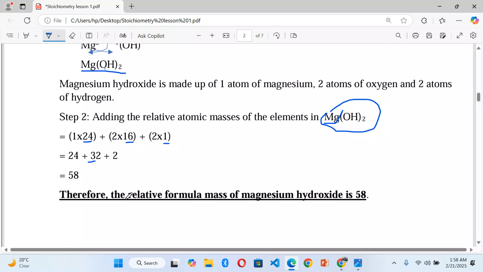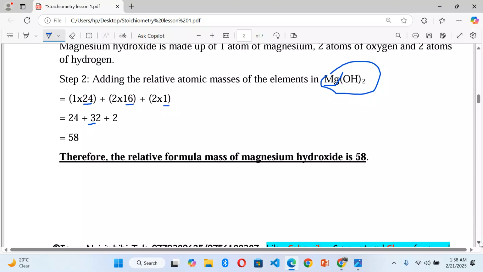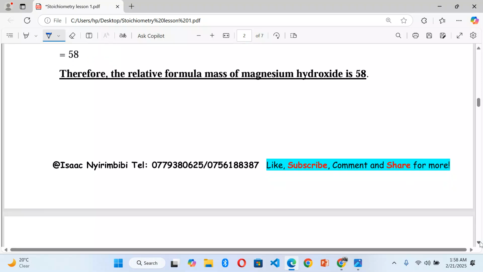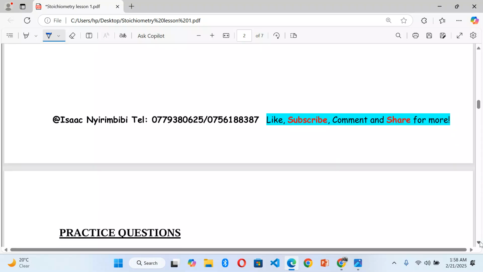Therefore we can conclude by saying the relative formula mass of magnesium hydroxide is 58. We are not putting any units because the relative formula mass, relative molecular mass, is a ratio. Therefore, we don't need to put units.